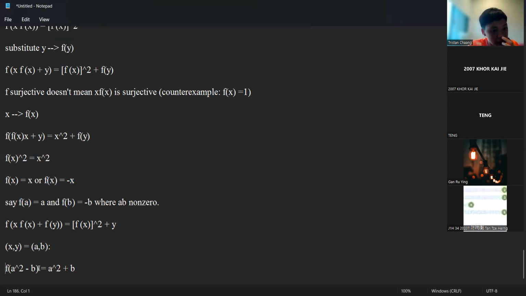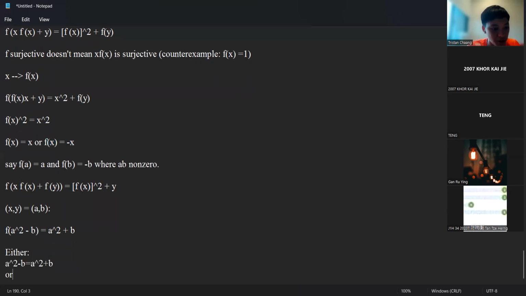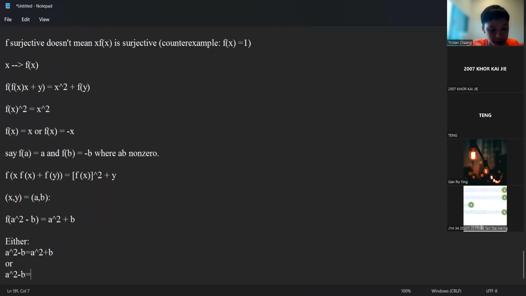And we get a squared minus b is a squared plus b. But we know that f(x) is either x or minus x. So what does that mean? That means either a squared minus b is a squared plus b, or a squared minus b is minus a squared plus b. Either case gives you 0.